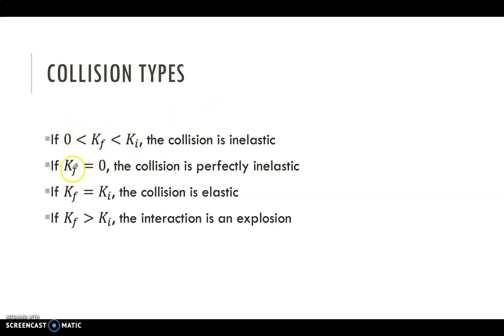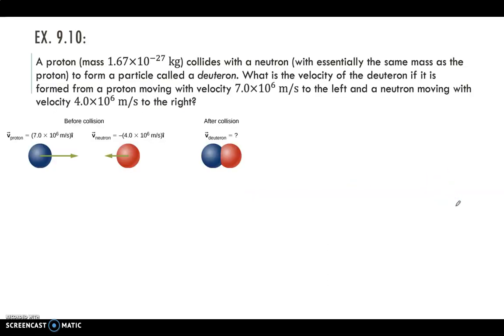If it is 0, the collision is perfectly inelastic. And if the collision is elastic, our final and initial kinetic energies are the same, or kinetic energy is conserved. Same thing.